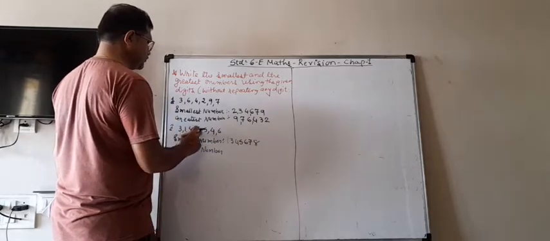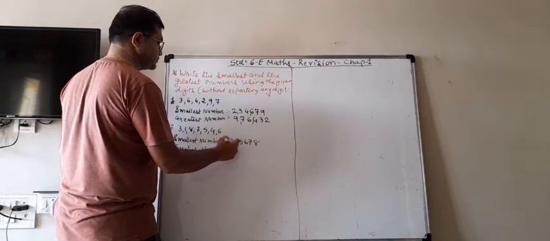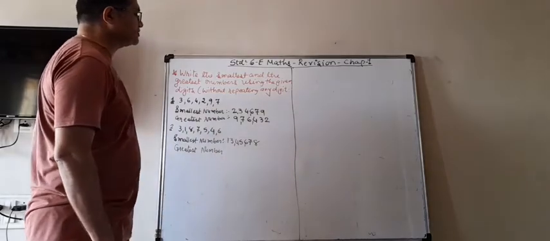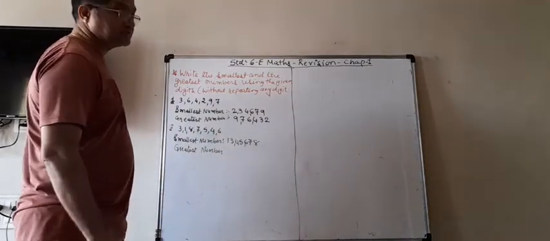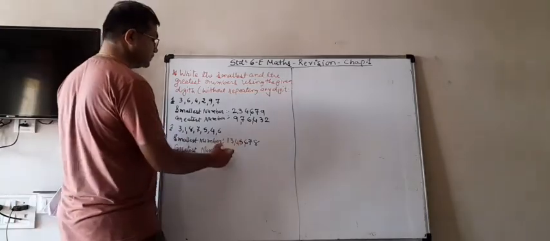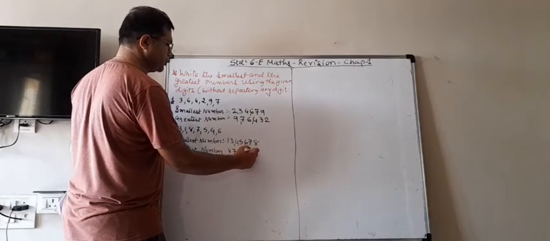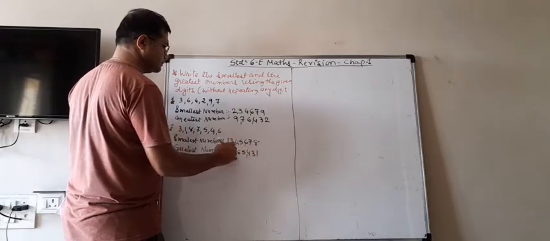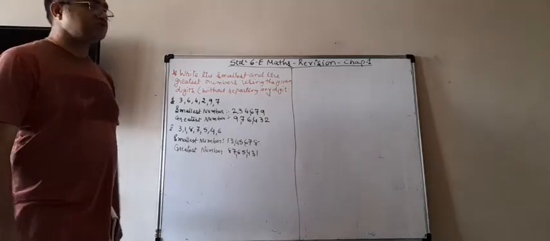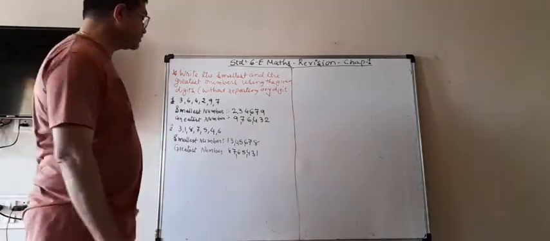So the number is 13,45,678. Now the greatest number: 8, 7, 6, 5, 4, 3, 1. That is 87,65,431.